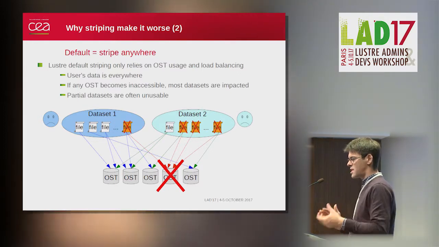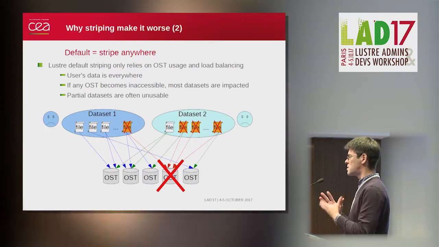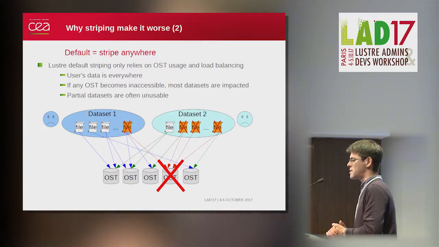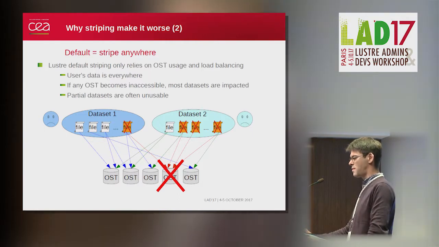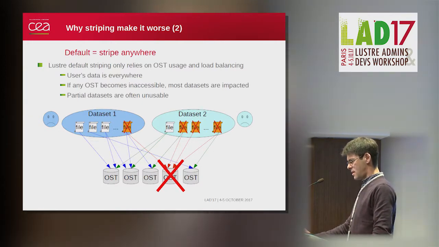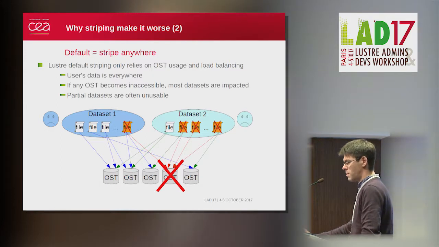If you make a crash test and you miss the driver sensor, your result is useless. So often partial data sets are not usable. So even if you lose one stripe of a data set, it's no longer usable.